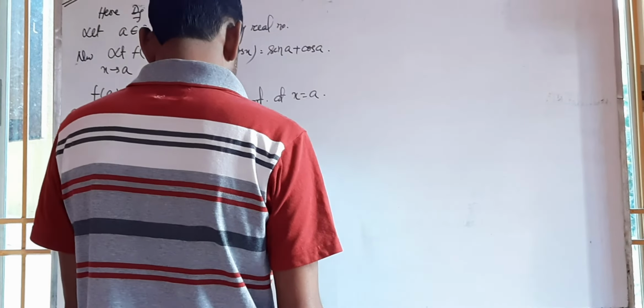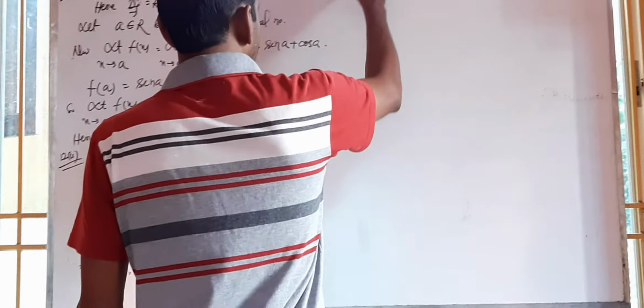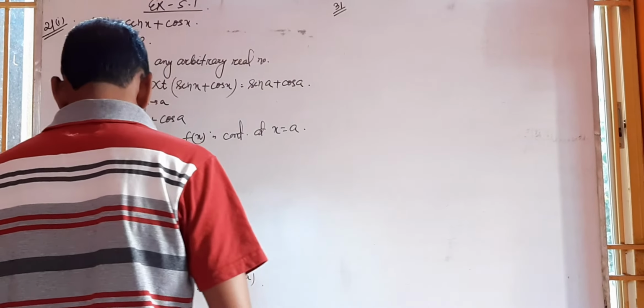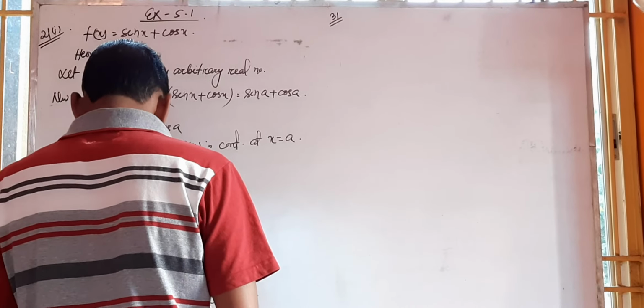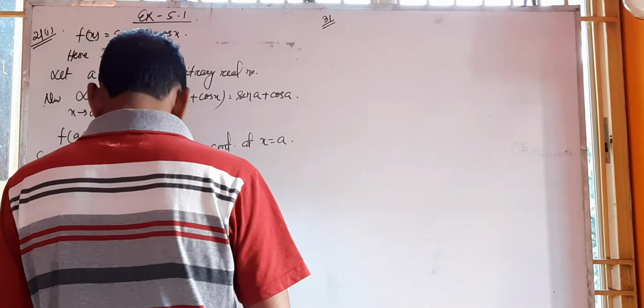Then another number, come to your question number 31. Question number 31 is, show that the function defined by f of x is equal to cos x square is a continuous function.